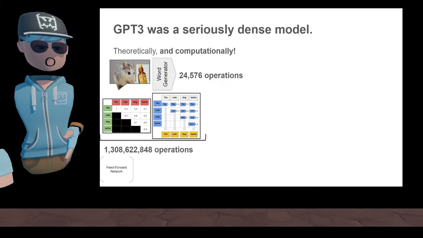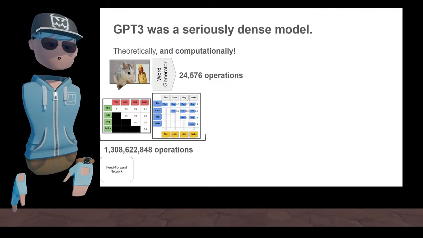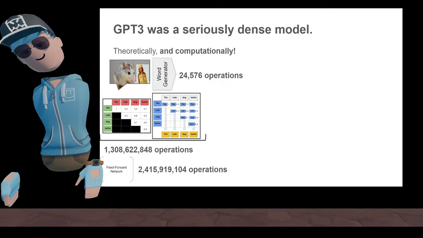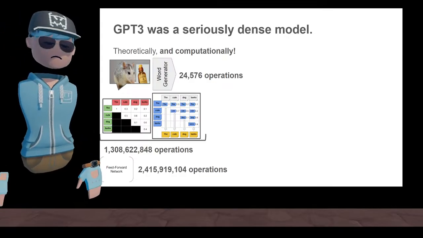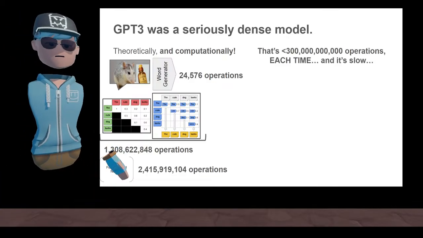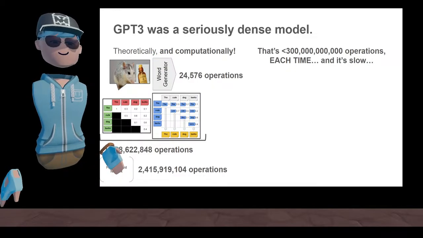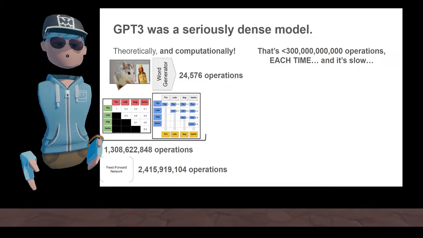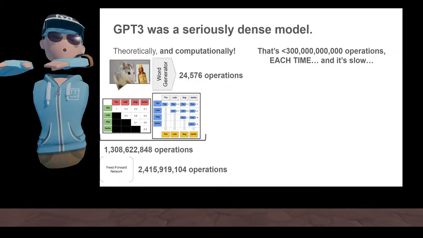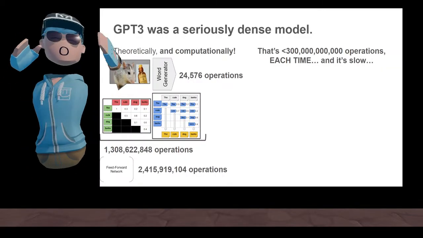And then the one after that is 2.5 billion. That's just in one iteration, by the way. So that's just like through one forward pass.